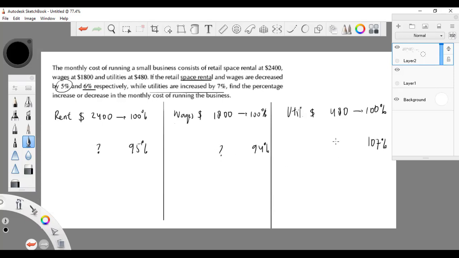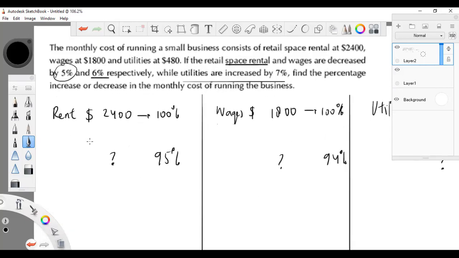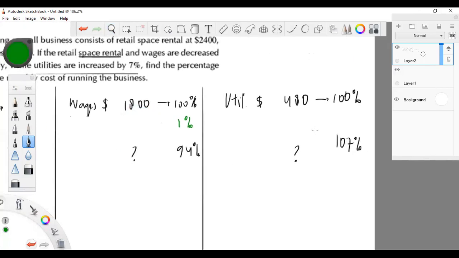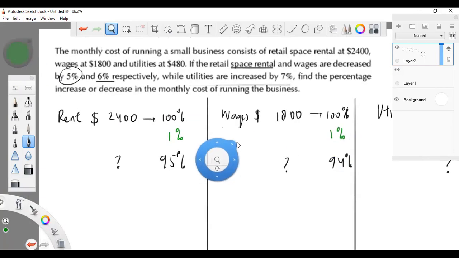This and this, right? So what to do? Again, you have to do it one by one. You have to be patient in this question. One first, right? Change into the unit percent, 1%. So what you can do now? This will be divided by 100%.